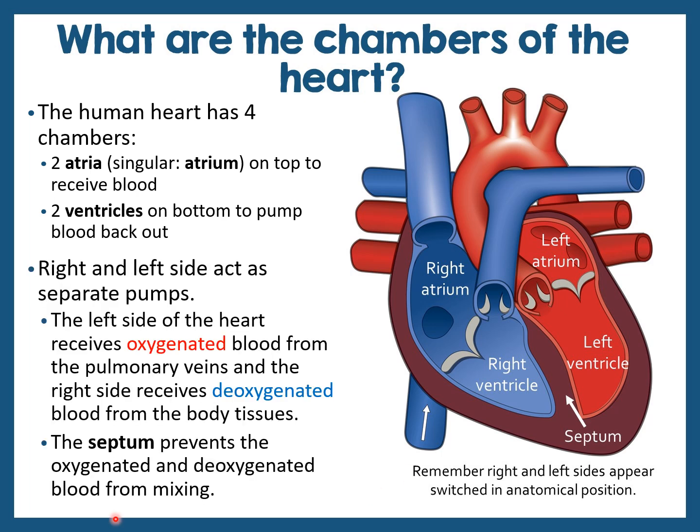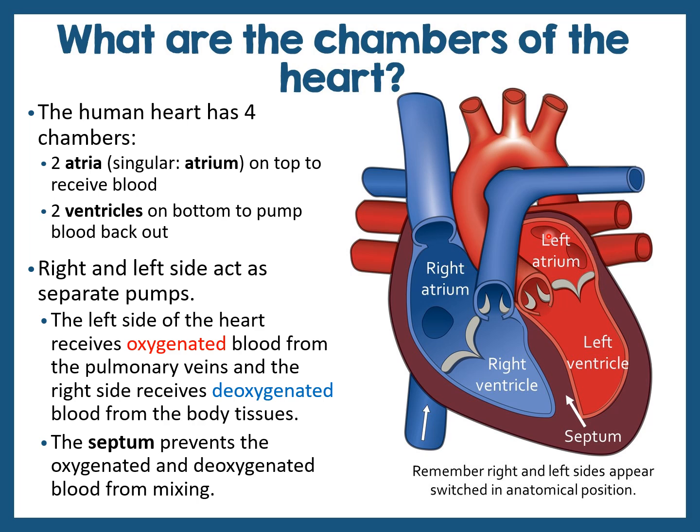And so the right and the left sides of the heart act like separate pumps, where the right side of the heart will receive deoxygenated blood in the right atrium from body tissues. We'll go over what those blood vessels are.